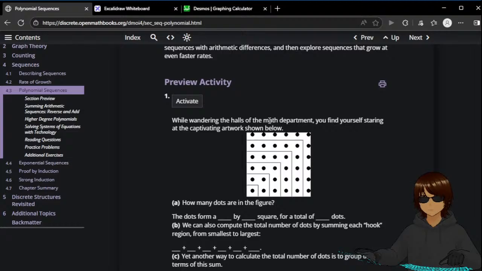While wandering the halls of the math department, you find yourself staring at the captivating artwork shown below. How many dots are there in the figure?